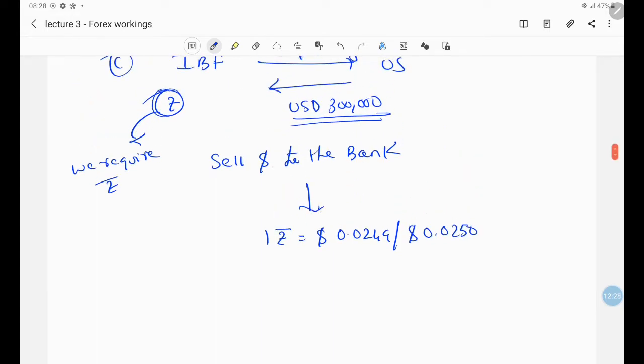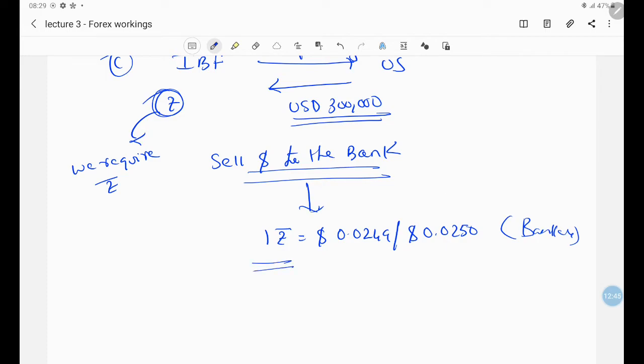Now we have to sell dollar to the bank and we require rupee. So when we know that we require rupee, we have to see from the banker's point of view at what rate the bank will be selling rupee, at what rate the bank will be selling rupee.